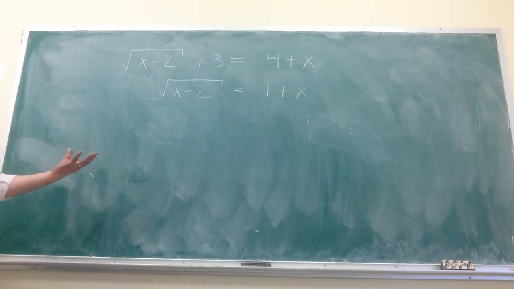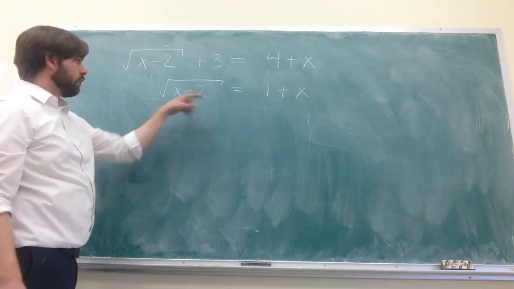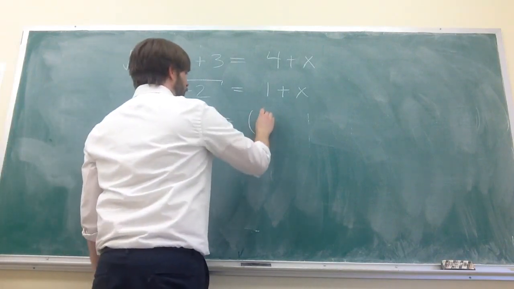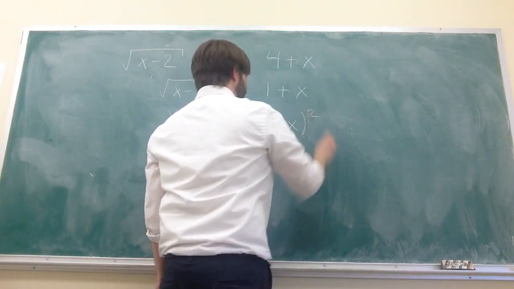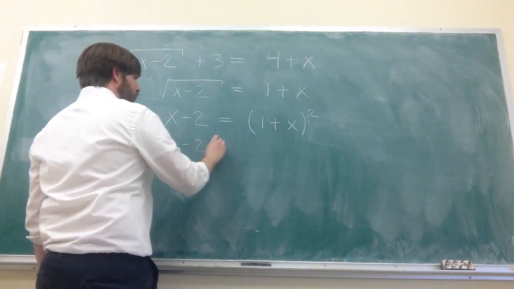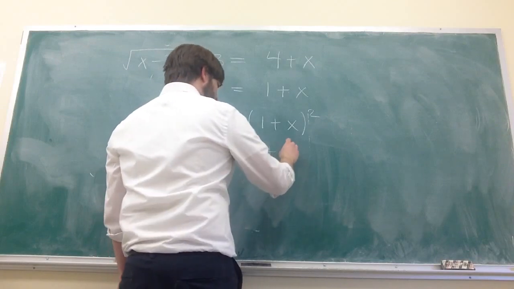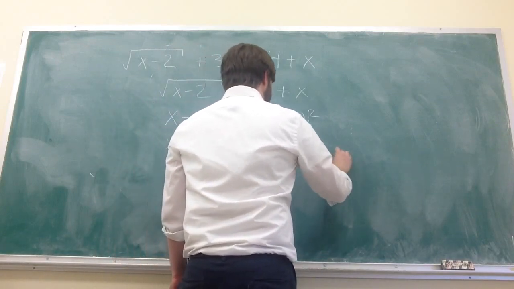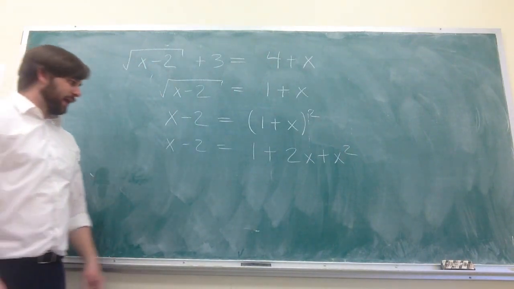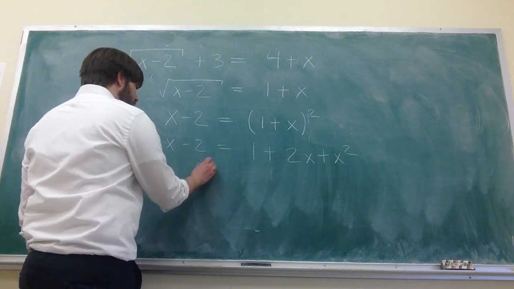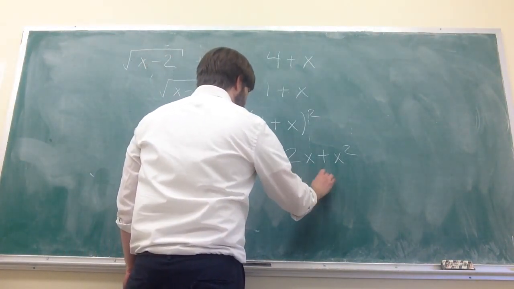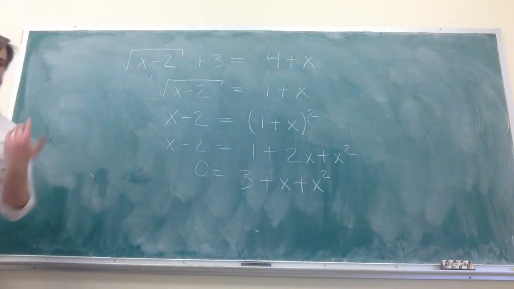Now, to move on with this, we would square both sides. So we get x minus 2 is equal to 1 plus x, squared. Foiling, we get x minus 2 is equal to 1 plus 2x plus x squared. Now what type of equation is this? It's a quadratic. So we get all the terms on one side, and we have 3 plus x plus x squared equal to 0.